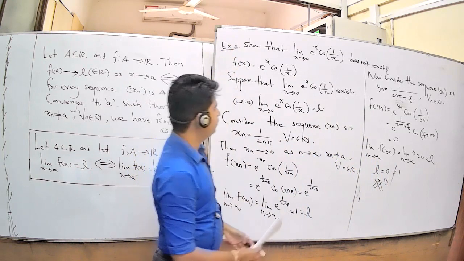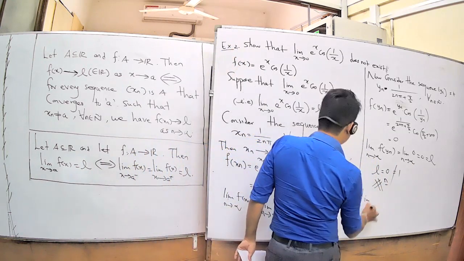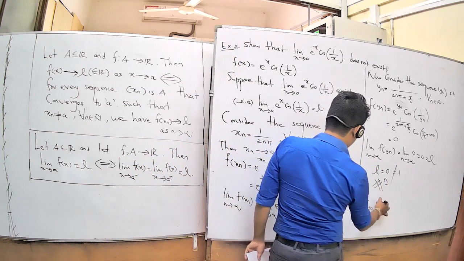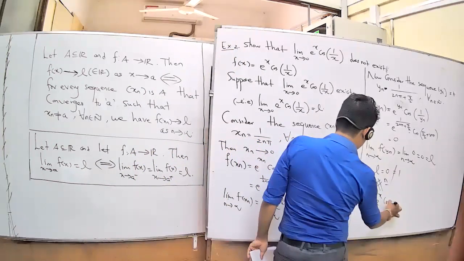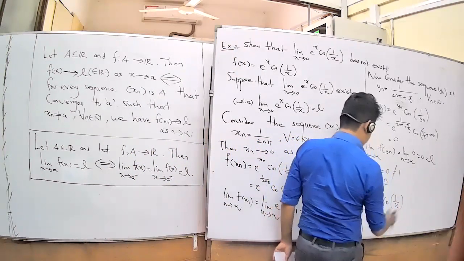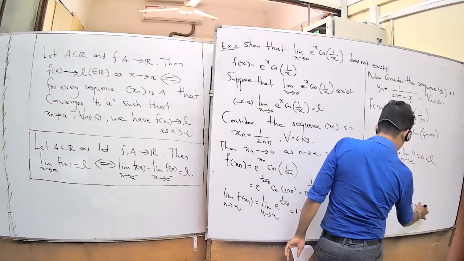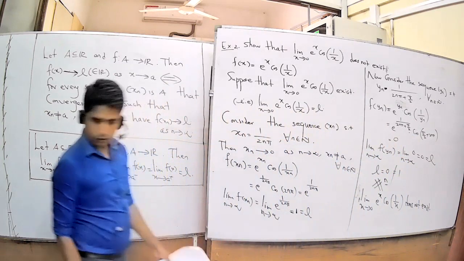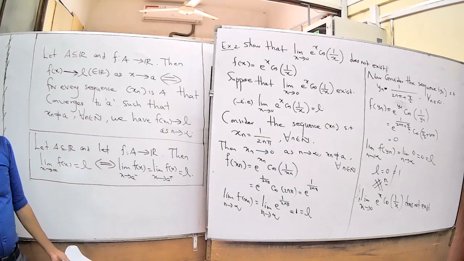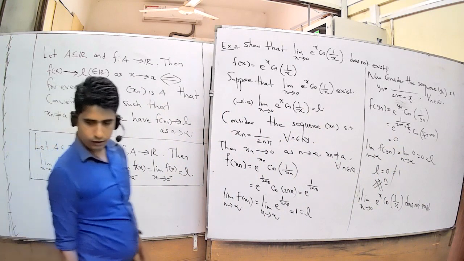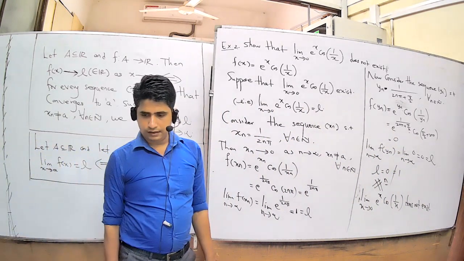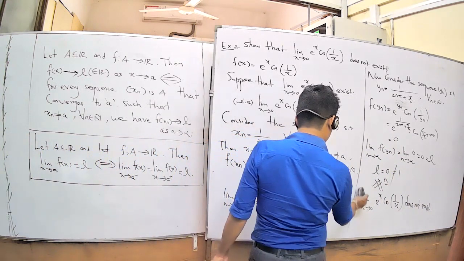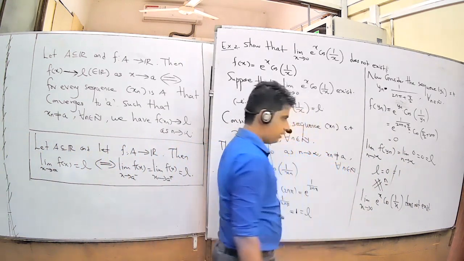The limit as x tends to 0 of e power x cos 1 over x does not exist.